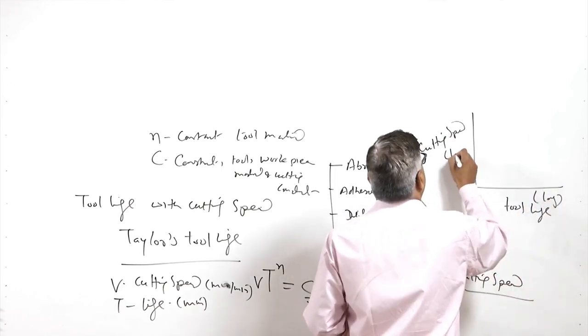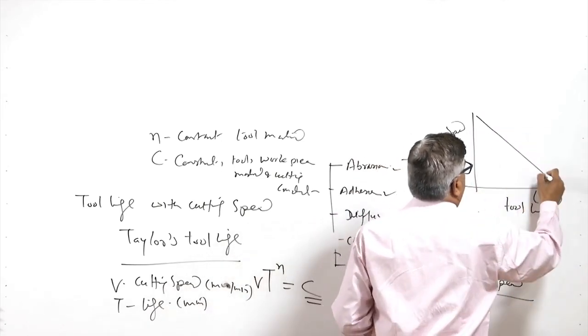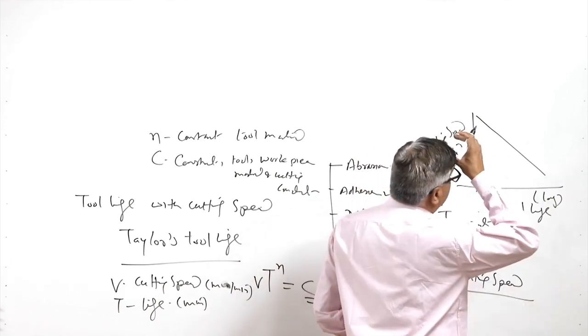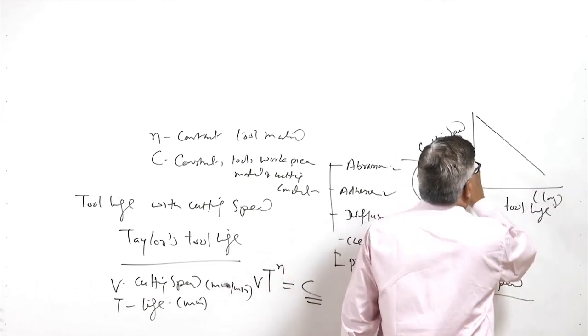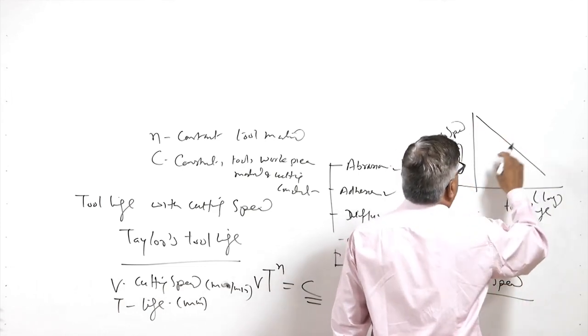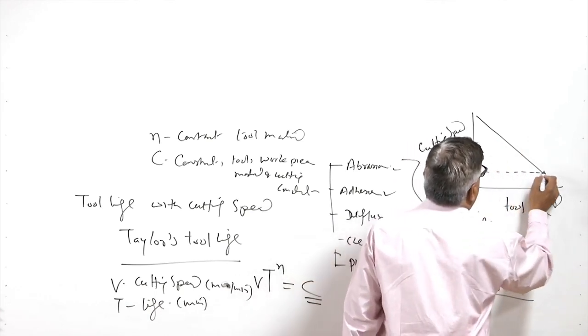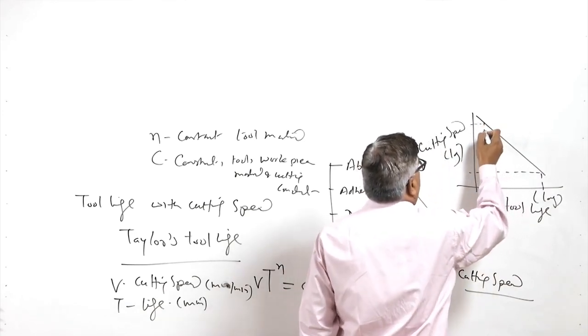The relation is found to be a linear one, wherein an increase in cutting speed basically reduces the tool life. So, when we work with a low cutting speed, tool life is more, and at a high cutting speed, tool life reduces.